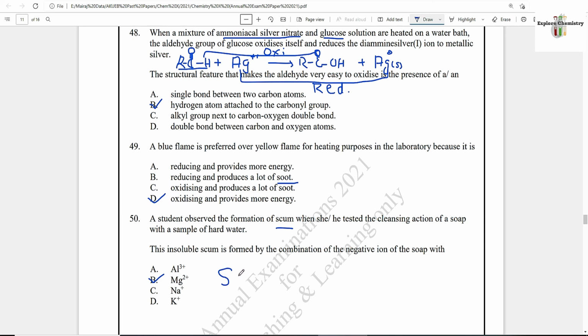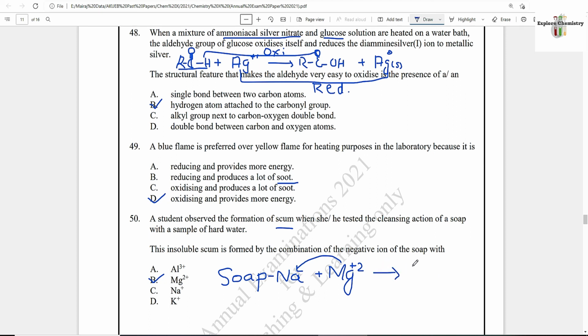Suppose this is our soap. Soaps are actually the sodium salt of fatty acid. So sodium is attached with fatty acid. It will make the formula of complete soap. Whenever it reacts with hard water which contains magnesium or calcium ion, these magnesium or calcium ions will replace the sodium present in soap.